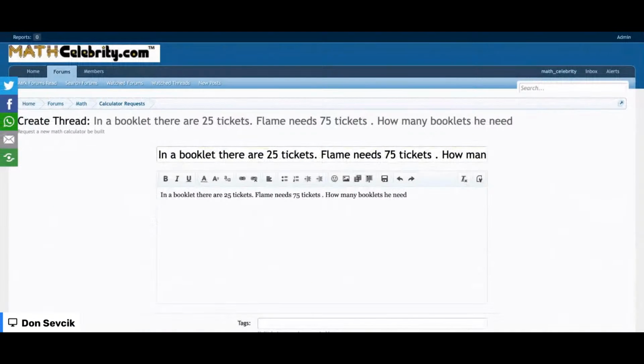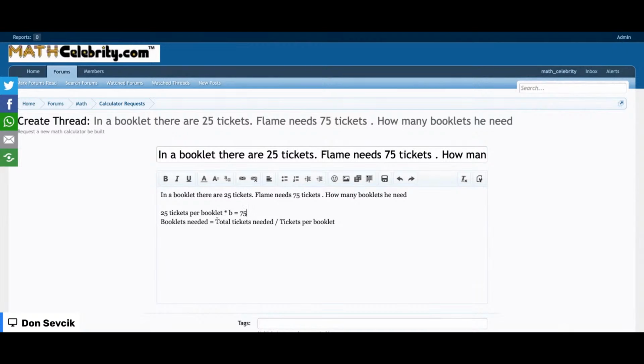In a booklet, there are 25 tickets. Flame needs 75 tickets. How many booklets does he need? Booklets needed equal total tickets, tickets needed, divided by tickets per booklet. Because if you want to look at this, you could say we have 25 tickets per booklet times B for booklets equals 75.